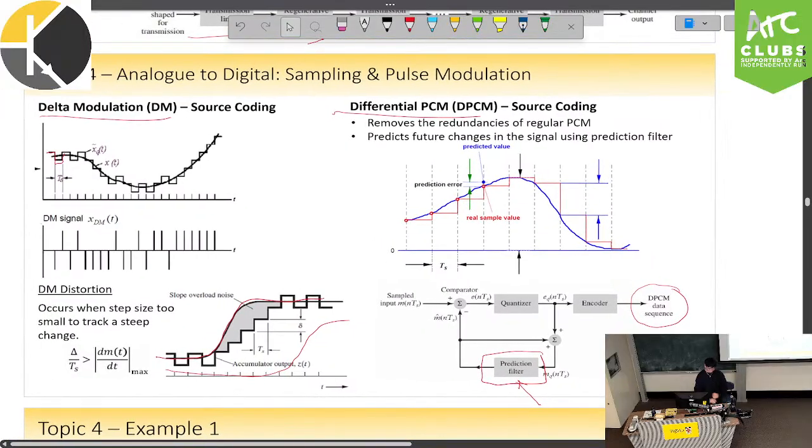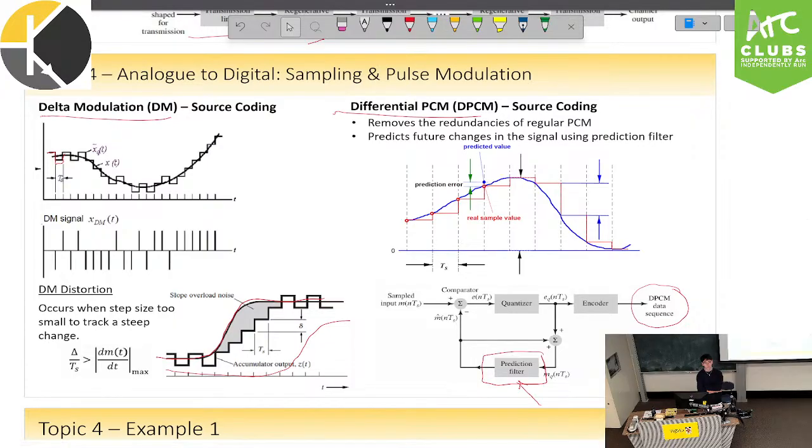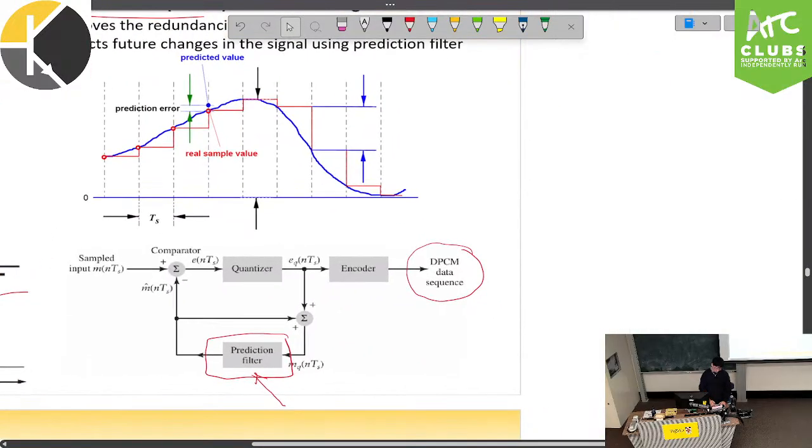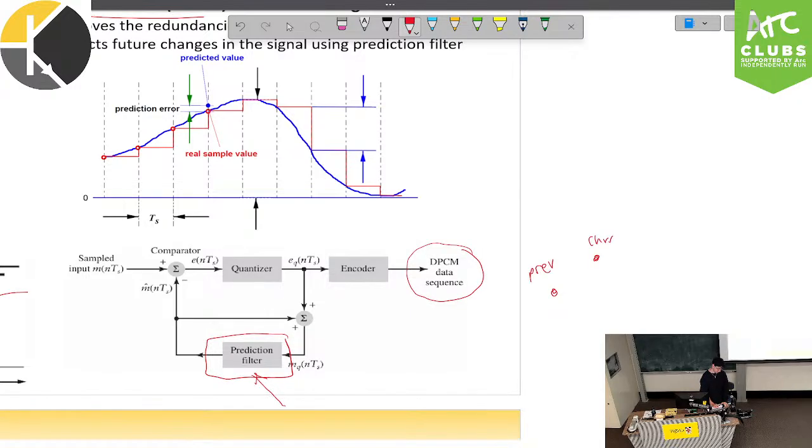Yeah, my question was, what is the prediction filter doing, what patterns is it reading? What is it doing to make sure it's better? Well, we can look at a simple case, like if you have 2 points, this is your current, this is your previous, then if you take the difference between the two, you can kind of predict what the next point will be. Yeah, it's kind of like, if you look at a really small time scale, you can kind of call it linear. But obviously, if we have more and more samples, you might have some more complex algorithm to calculate the next rate of change.